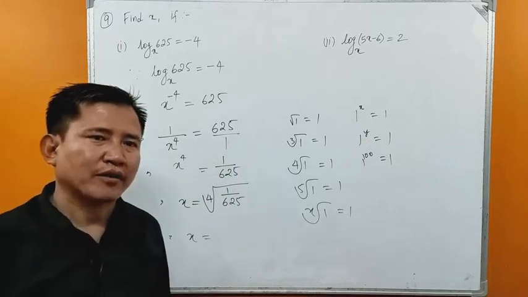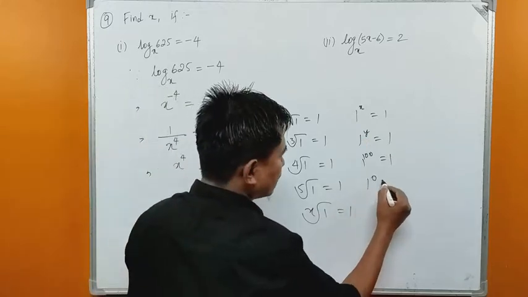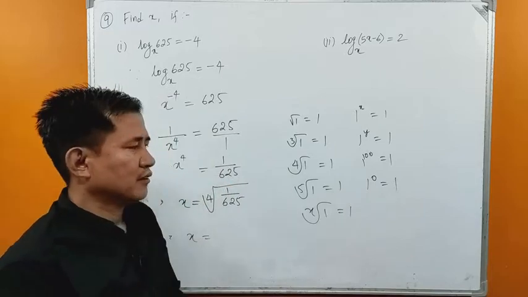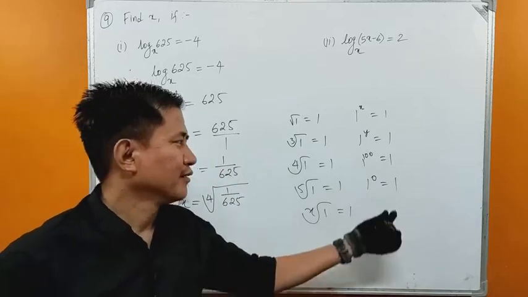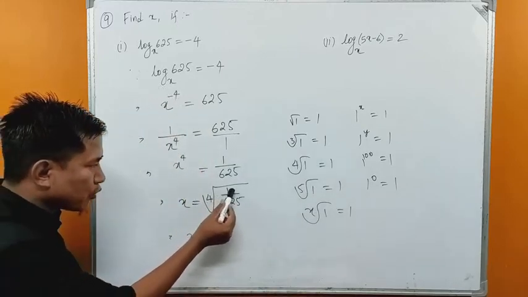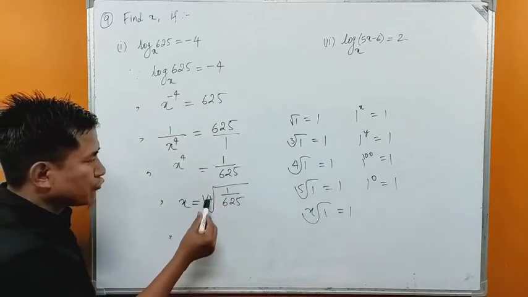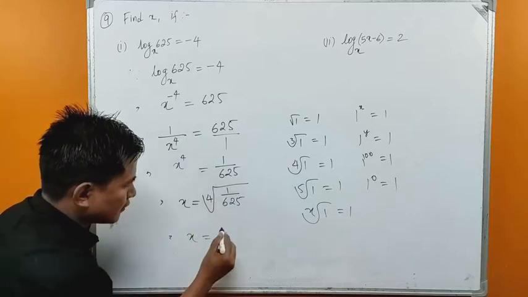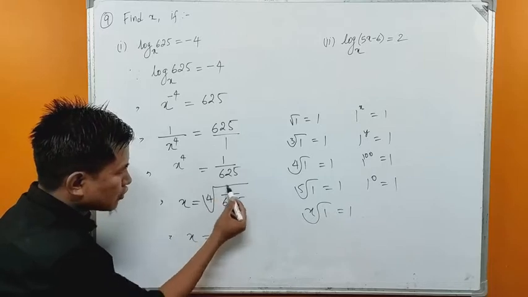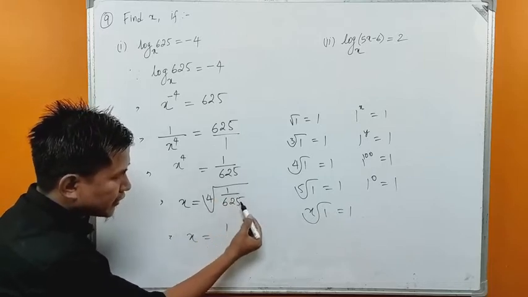Whatever be the power, 1 to the power 0 equals 1. Whatever be the power of 1, the 1 will remain 1. So the 4th root applies to both the numerator and the denominator. So 4th root of 1 is 1, isn't it? Are you getting me? This 4th root applies to both the numerator and denominator.